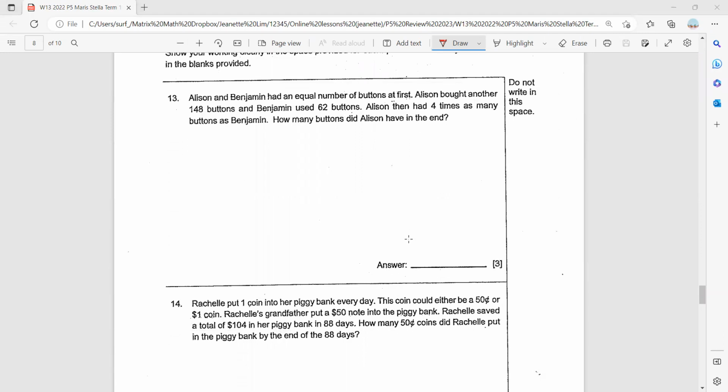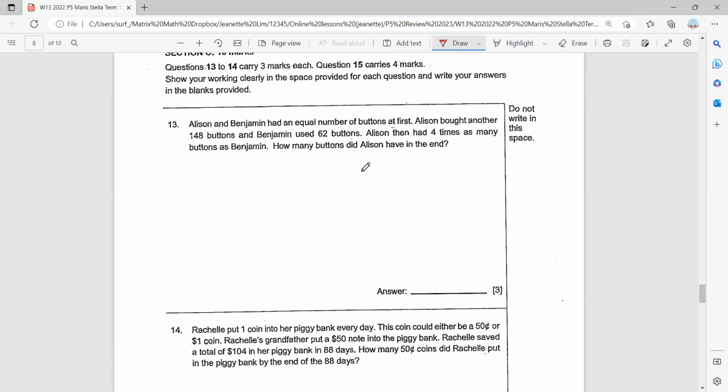Okay, for question 13, Allison and Benjamin had an equal number of buttons at first. Allison bought another 148 and Benjamin used 62 buttons. Allison then had 4 times as many buttons as Benjamin. How many buttons did Allison have in the end? Okay, so first they had an equal number, so you're supposed to draw the model equal.